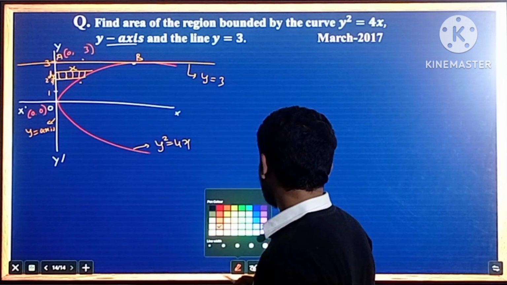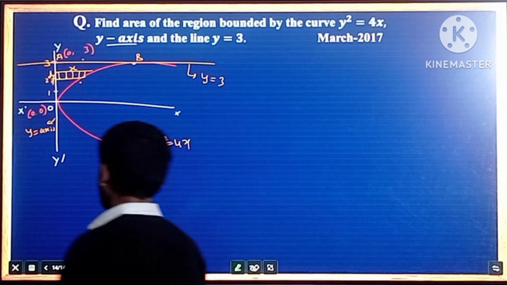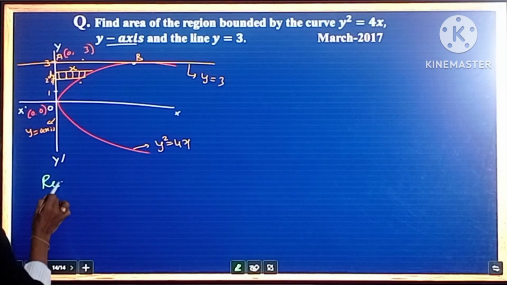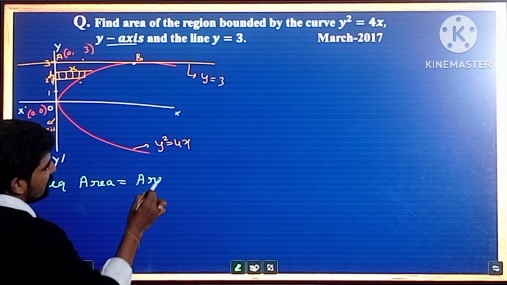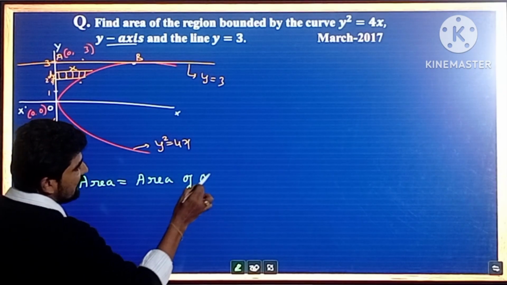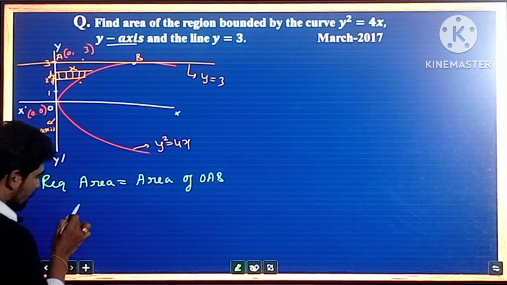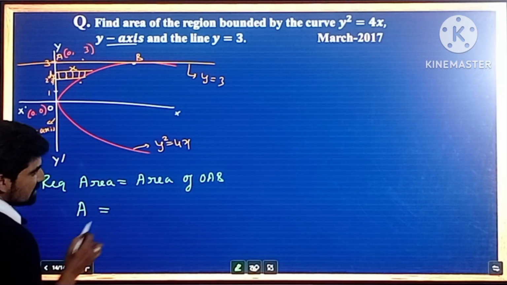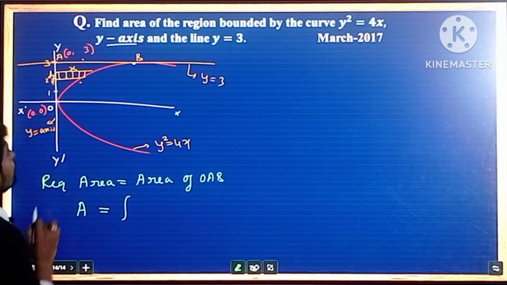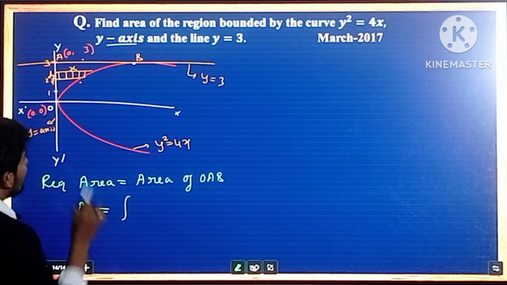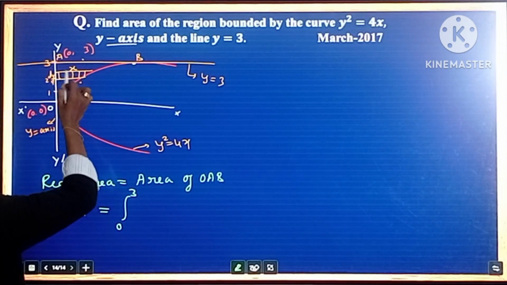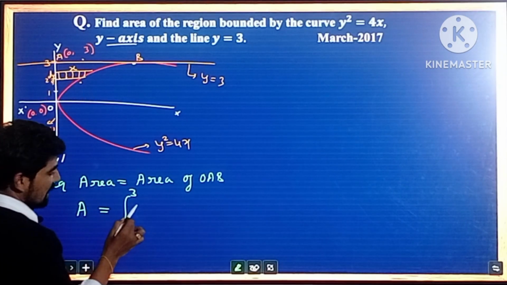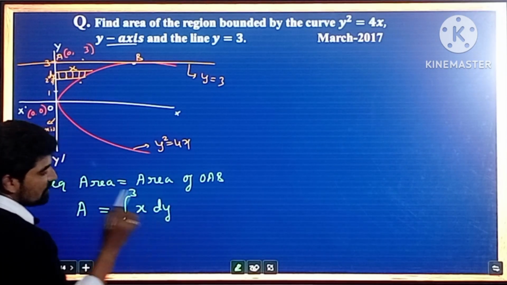Now see, the required area is equal to the area of OAB. Therefore the required area, let's say A, is equal to the integration from 0 to 3 because y varies from 0 to 3, and the area of this horizontal strip is length into breadth, that is x into dy.